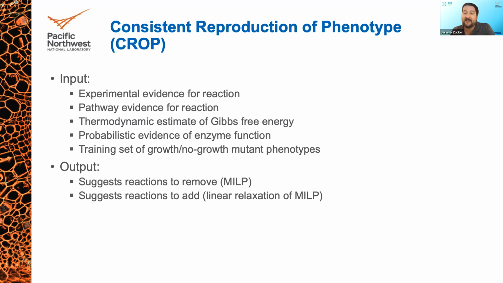To achieve consistency when the model incorrectly predicts growth, CROP suggests reactions from the model to remove. To do this, CROP applies a mixed integer linear program, or MILP. To achieve consistency when the model incorrectly predicts no growth, CROP suggests reactions to add from MetaCyc. To do this, CROP applies a linear relaxation of MILP.